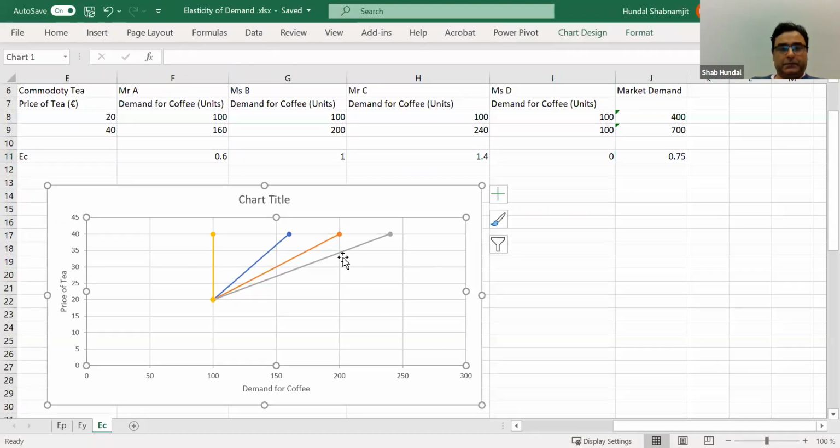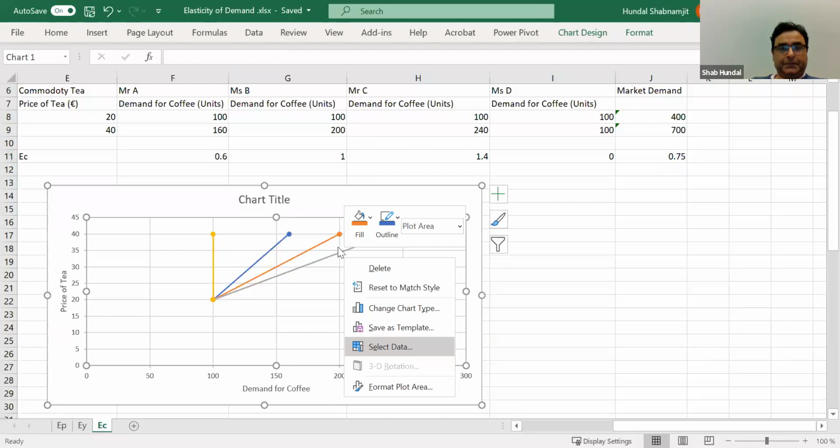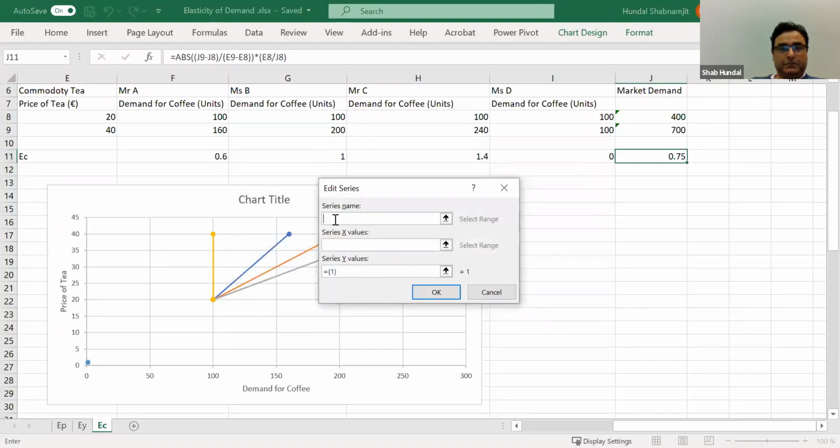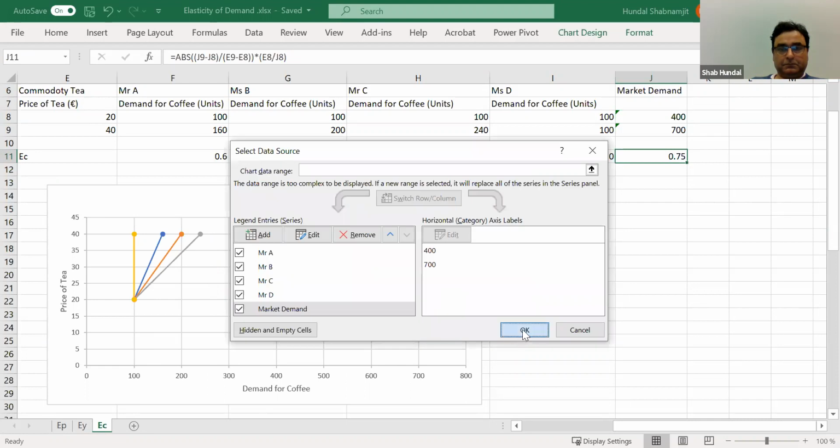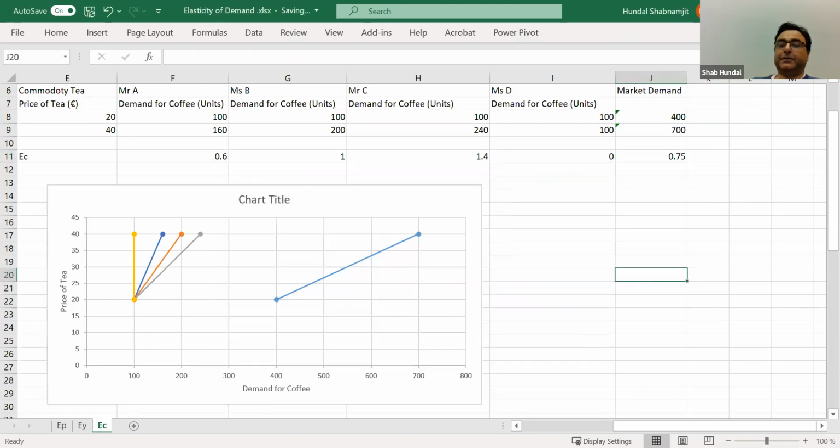And we have more data. And this is the market demand reaction.